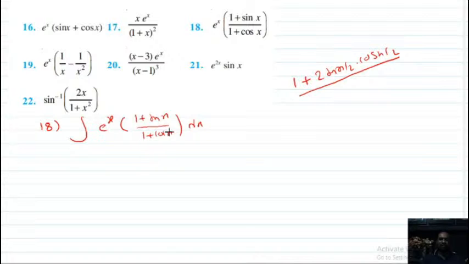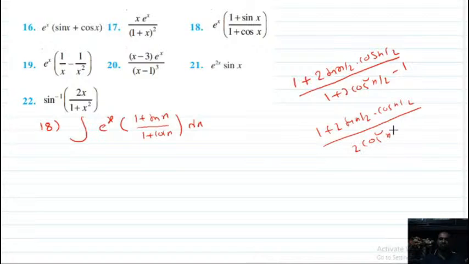In the denominator, 1 plus cos x, I can write as 1 plus 2 cos square x by 2 minus 1. This is 1 plus 2 sin x by 2 into cos x by 2 by 2 cos square x by 2. Now split this.